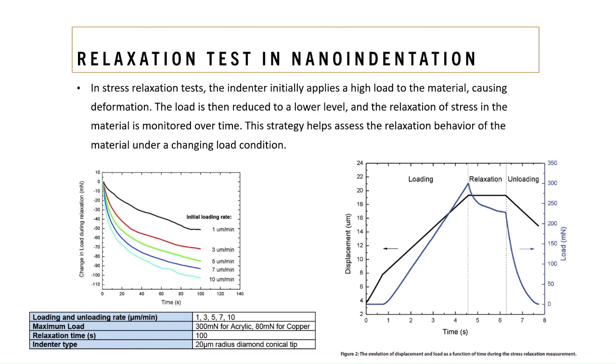In a stress relaxation test, the indenter applies a high load to the material, causing deformation. The load is then reduced to a lower level, and relaxation of stress in the material is monitored over time. This strategy helps assess the relaxation behavior of the material under a changing load condition.